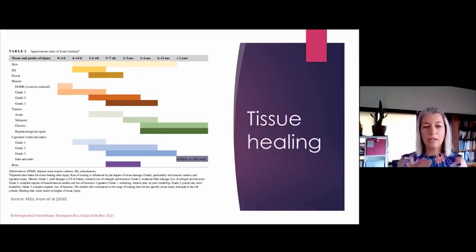So you can see, obviously, the more severe the damage, such as a grade 3 muscle tear, you're looking at 6 to 12 months. And with bone, you've got 3 to 6 months there, and fascia is 2 to 3 months. So most things are at least 3 months, realistically. It's generally a minimum time, and it's usually 3 to 12 months in a rehab program.